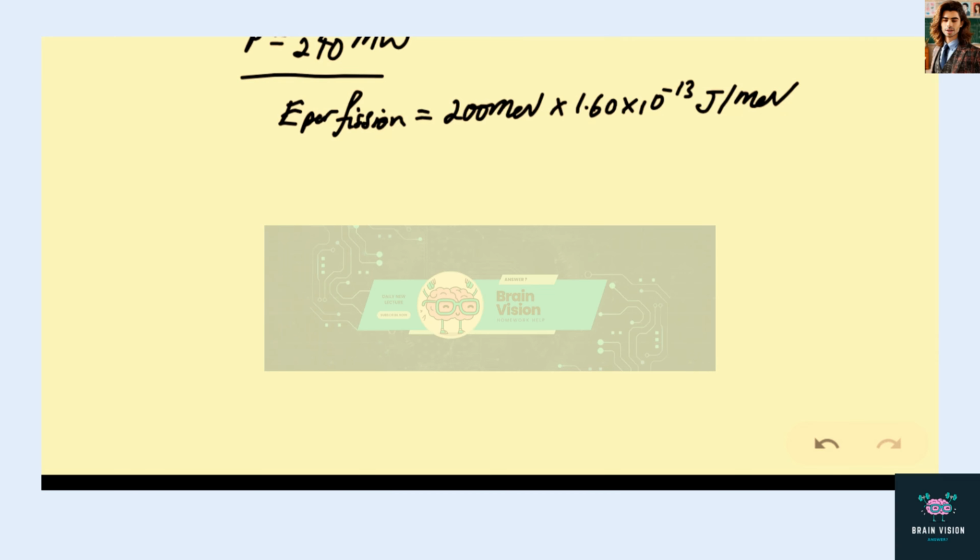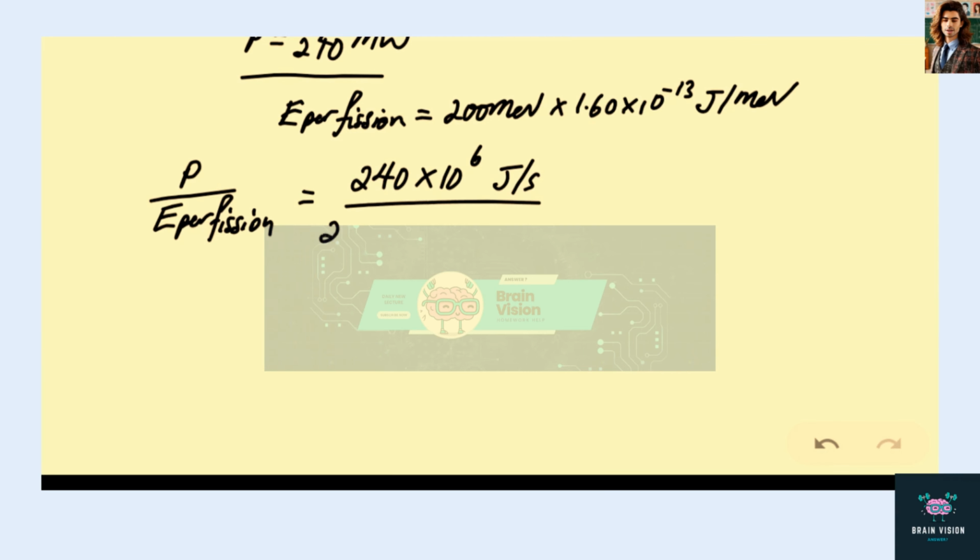Following this, we should be able to get the number of fissions per second by taking the power divided by the energy per fission, since the power tells us the energy released per second. So this is 240 times 10 to the power of 6 joules per second.